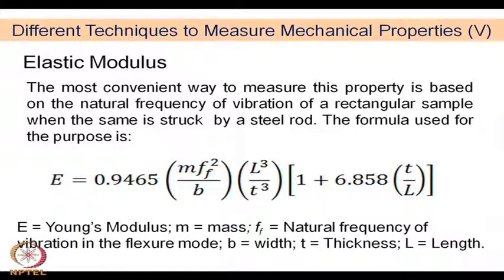However, for ceramics there is a slightly different and better way of measuring the elastic modulus, which is not exactly a mechanical test. The most convenient way to measure this property is based on the natural frequency of vibration of a rectangular sample when it is struck by a steel rod.